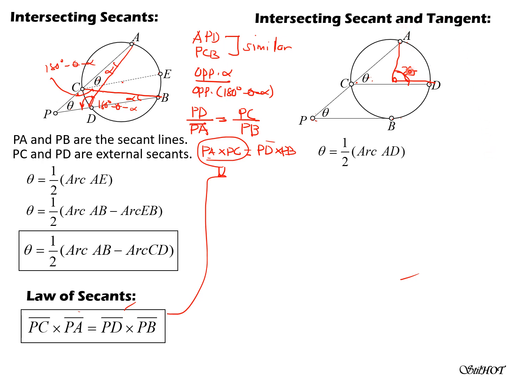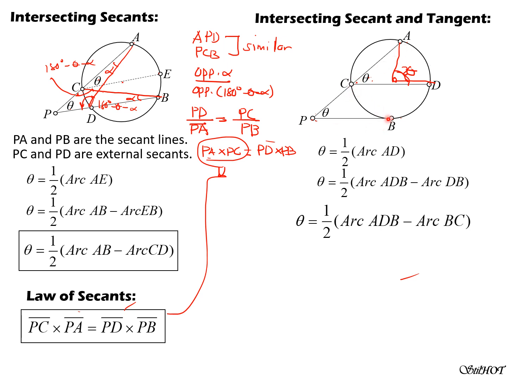and AD is arc ADB minus DB. We then note that arc BD is also arc BC. So replacing BD by BC, theta is 1/2 quantity arc ADB minus arc BC. So take note that for this point, we have an external secant and tangent intersecting the circle.